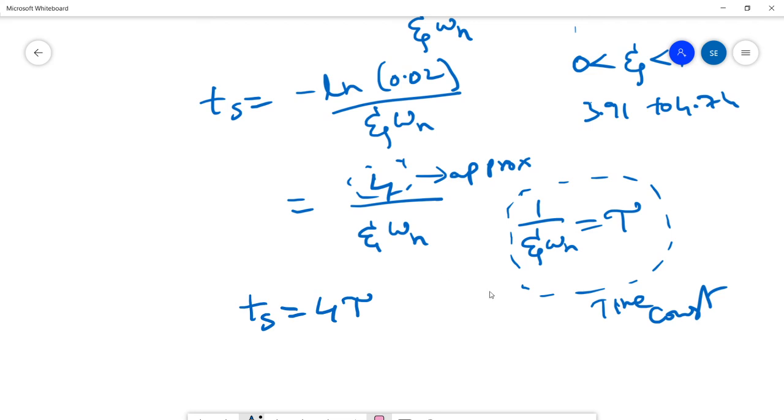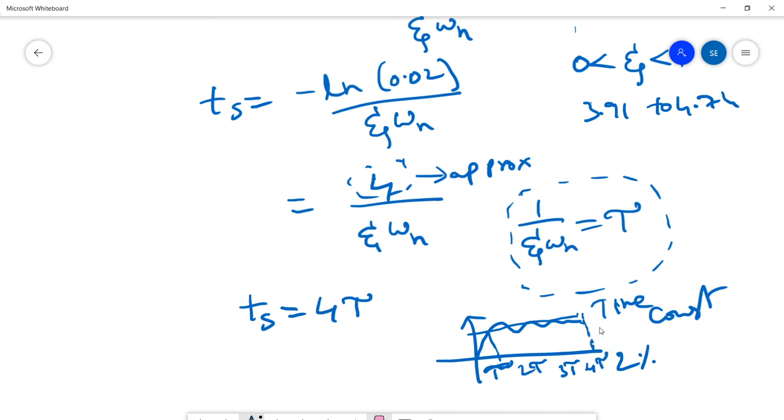Four times the time constant means, if you take the plot, the settling time for 2%, if this is tau, will be at 4 tau. This is 2 tau, 3 tau, and 4 tau. So settling time will come somewhere here.